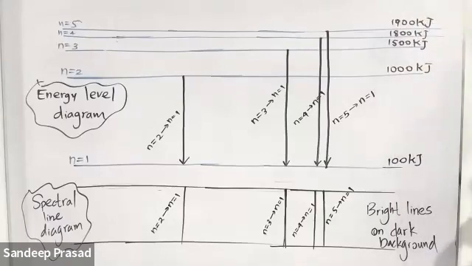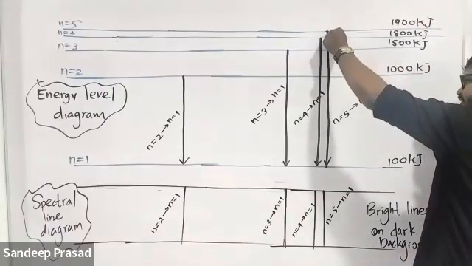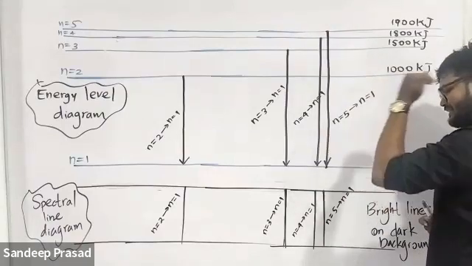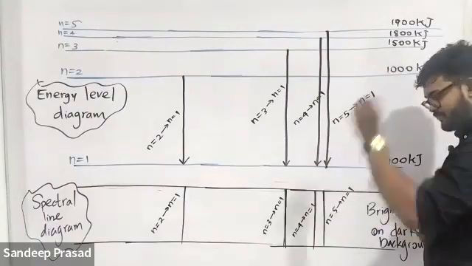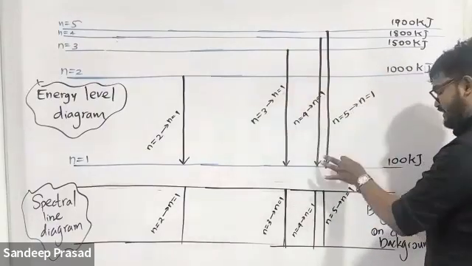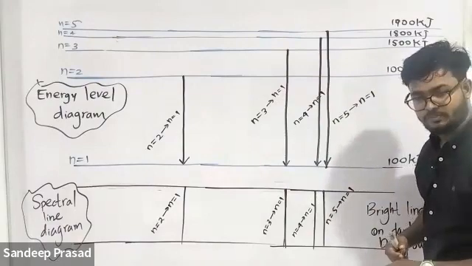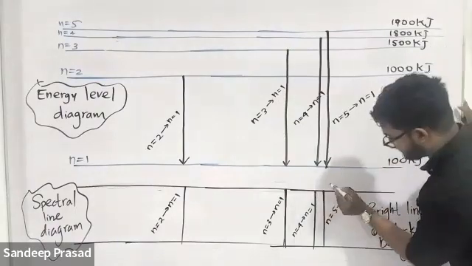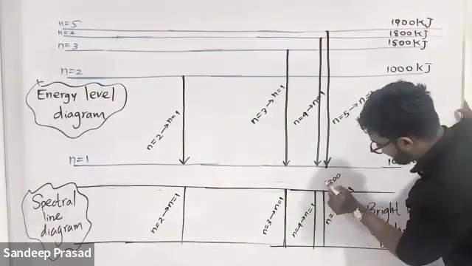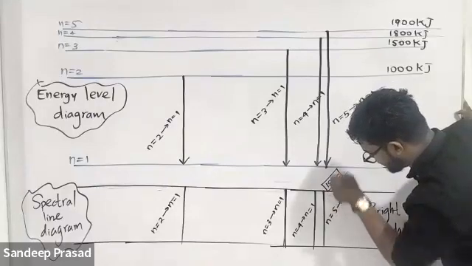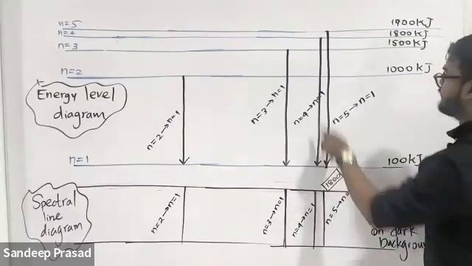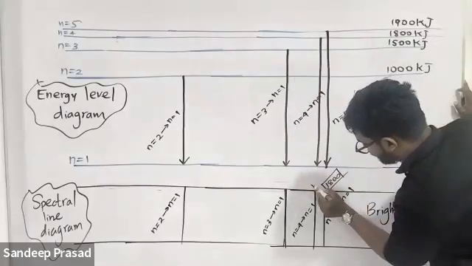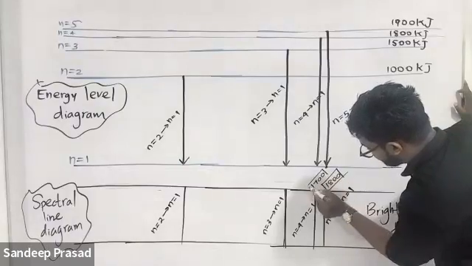So always keep in mind that when an electron transition takes place between two energy levels, the energy released or absorbed is equal to the energy gap between the two corresponding energy levels. So what is the energy gap between 1900 and 100? 1800. That energy gap is represented by this spectral line, and here 1800 to 100, so the energy gap is 1700.